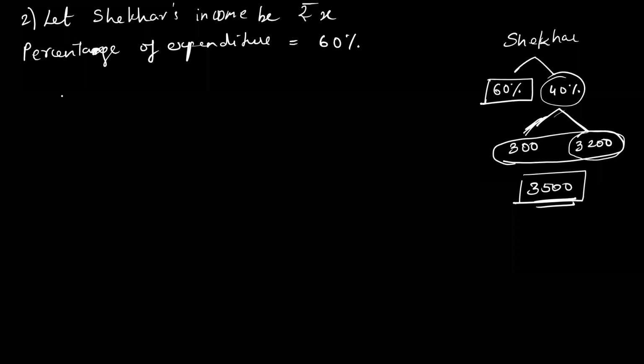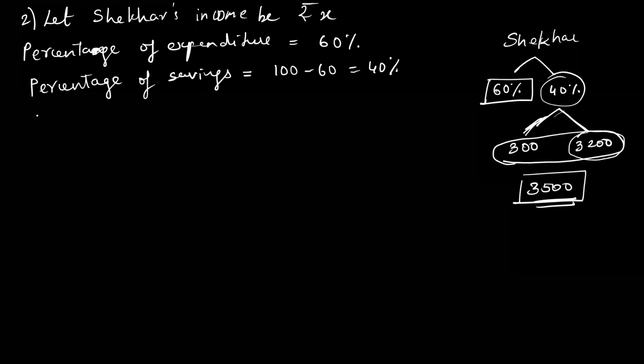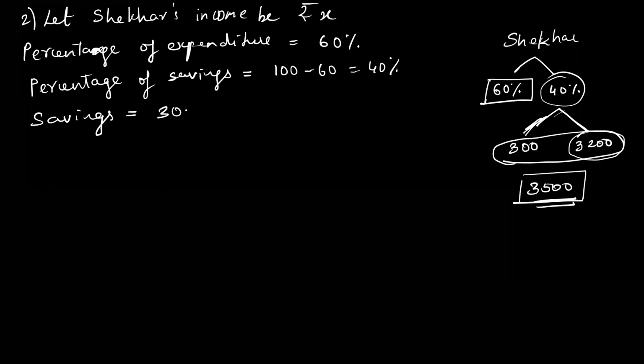After that, percentage of savings. 100% minus 60%, that is 40%. Then savings is equal to 3,500. Show it as 300 plus 3,200 is equal to 3,500.